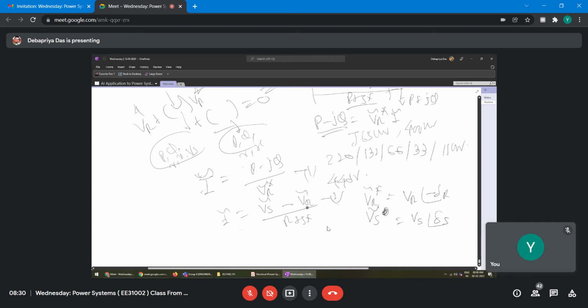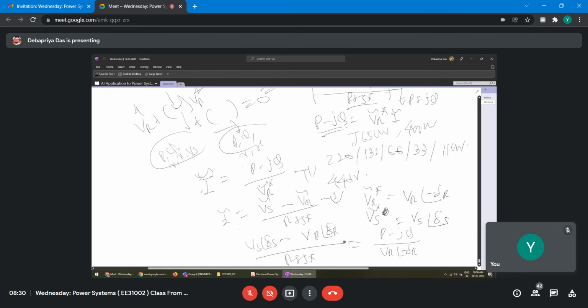Therefore, VS angle delta S minus VR angle delta R, divided by R plus jX, is equal to P minus jQ divided by VR angle minus delta R. So you got this equation in terms of P, Q, VR, VS, everything.